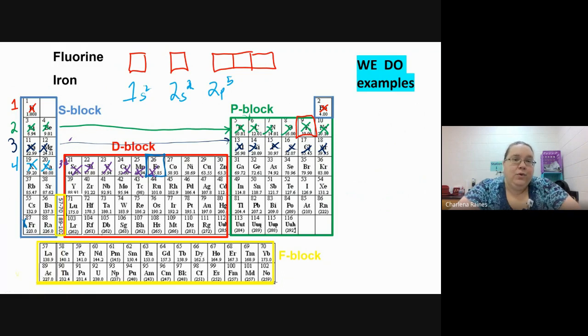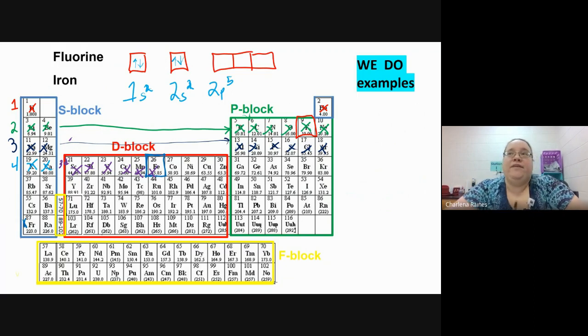So my arrows equal the exponent from the extended configuration. Miss Raines always does up arrows first. It doesn't matter. Just be consistent. Do down first and then up. It doesn't matter. What does matter is when we get to this P sublevel, we've got to apply Hund's rule.